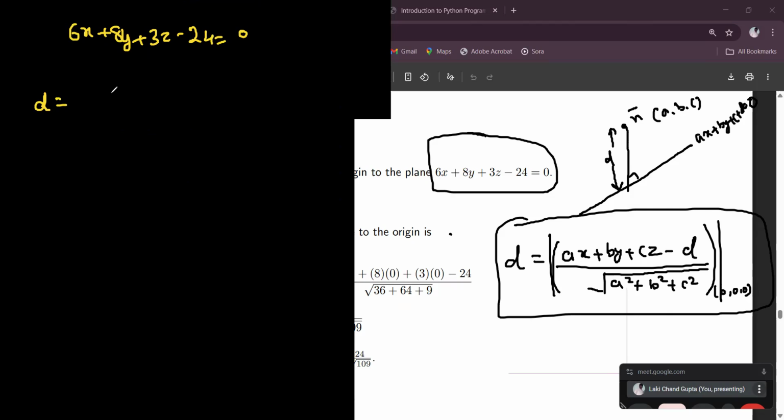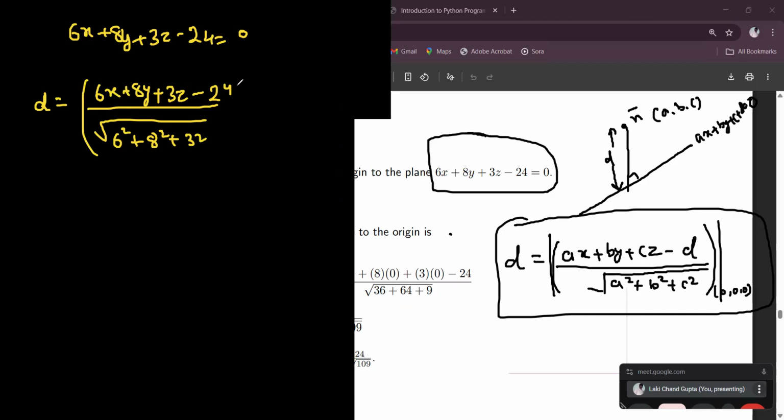So what you will do? 6x + 8y + 3z minus 24 upon square root of 6 square + 8 square + 3 square, and put x, y, z. You are finding from origin, so put x 0, y 0 and z 0, right?